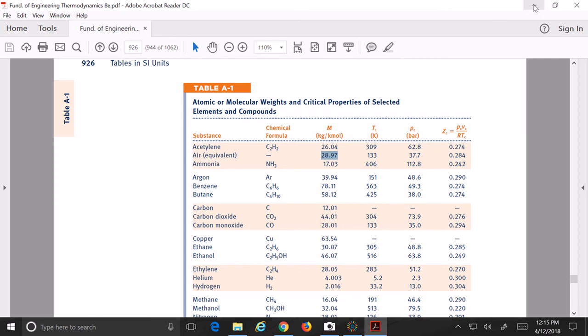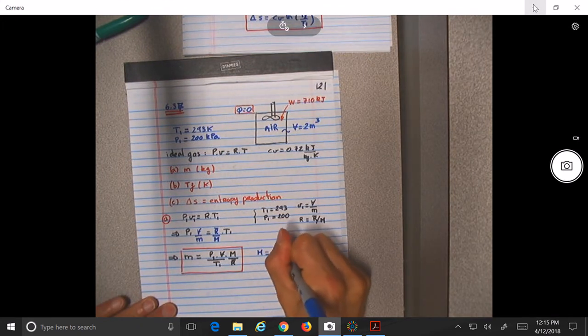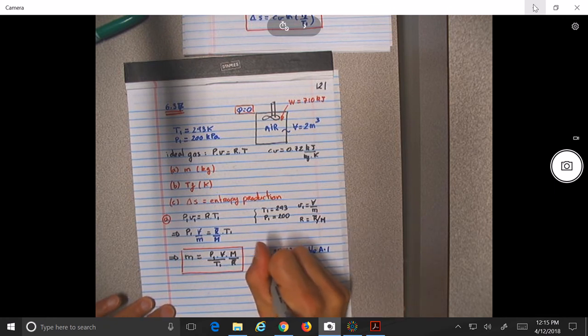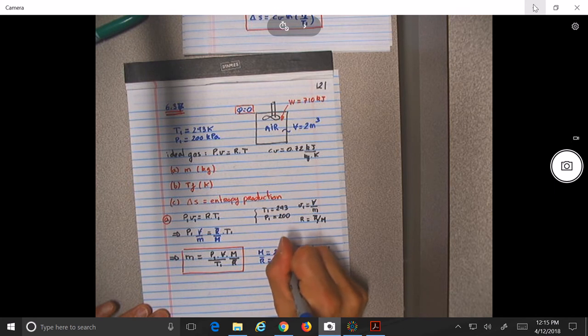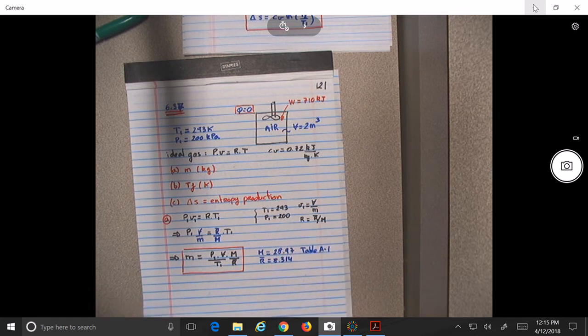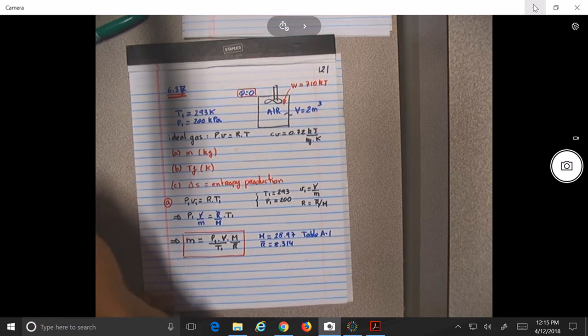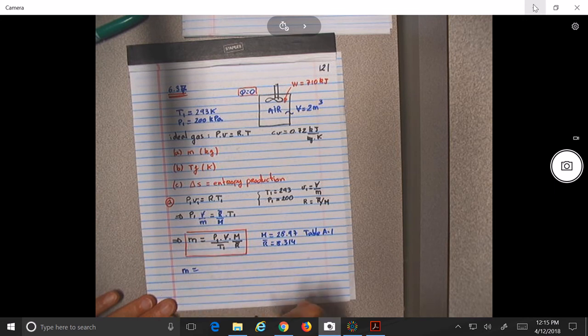Okay, from table A1, 28.97. And what is R bar? I think it's the 8.314, something like that. Okay, so I think the unit should be okay. But I mean, you see, I don't do the stuff for the units anymore. You have to do it for check, okay? So m will be equal to what?